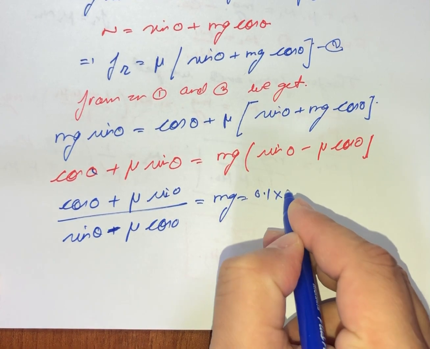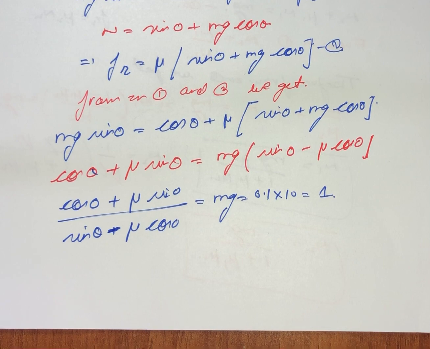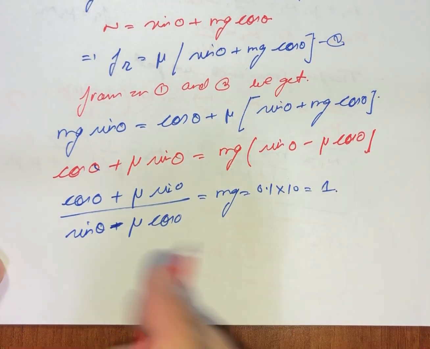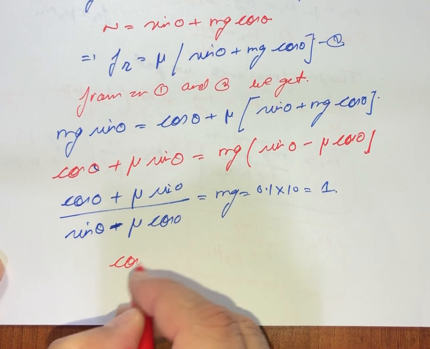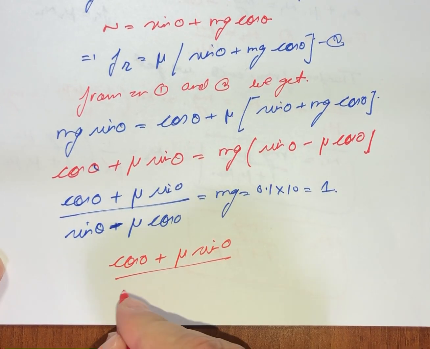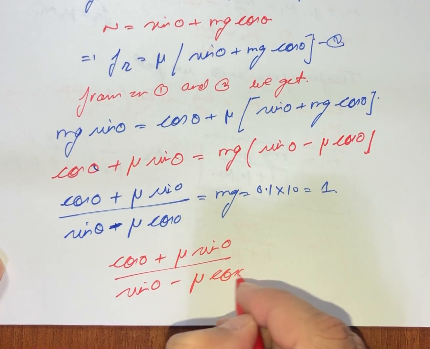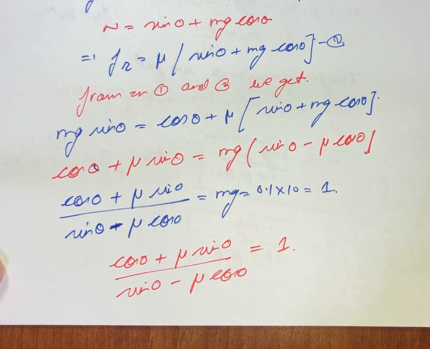So 0.1 into 10 will be equal to 1. So it means (cos of theta plus mu sine of theta) divided by (sine of theta minus mu cos of theta) is equal to 1.